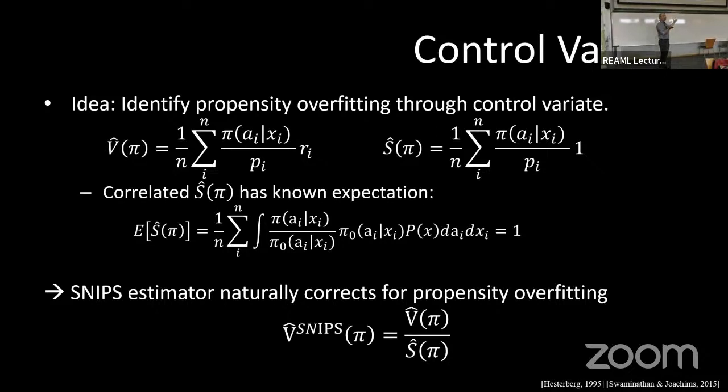If everything's fine, that control variate is 1, doesn't change anything, right? But if you're weaseling out of your data, then this control variate S is going to be much less than 1, and it's going to penalize that. So it's going to penalize all of these policies that are trying to avoid the data. And that's called the SNIPS estimator, or the self-normalized estimator. It has some interesting properties, also gives you a variance reduction, and is also consistent.